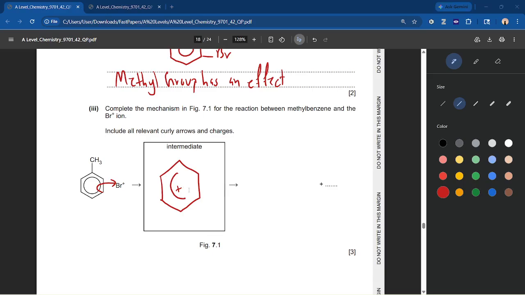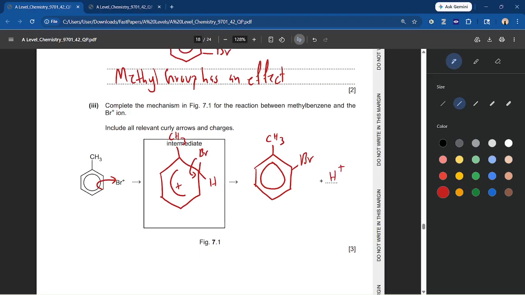Plus, a bromine here, hydrogen here, curly arrow here. Don't forget the CH3. And then together you get the benzene ring closed again. CH3, Br plus H plus.